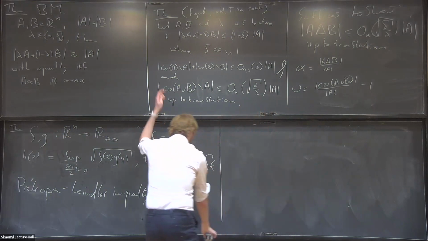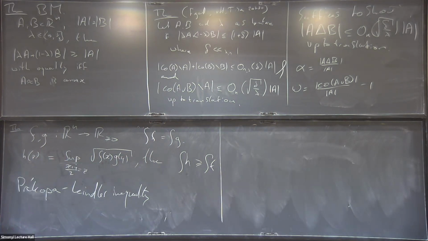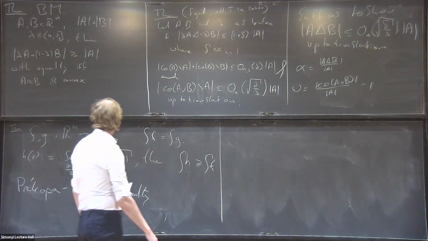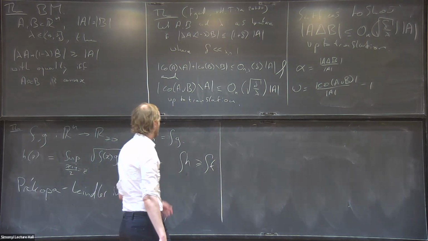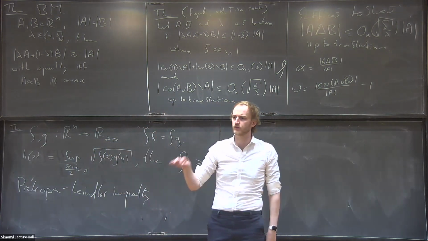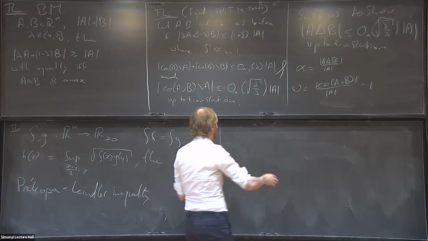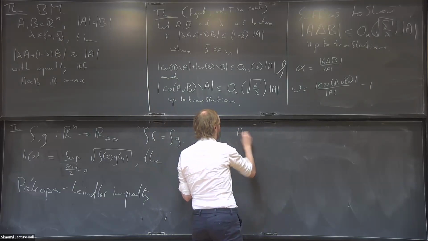And we really use that we know the Brunn-Minkowski inequality in all dimensions, because of the following reason. So let's say I have these f and g on Rn. I'm going to define sets in a higher dimensional space as follows.